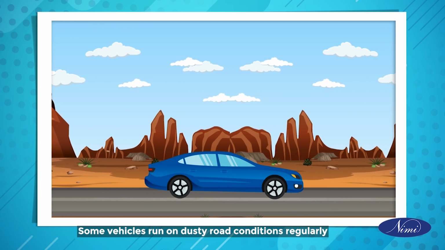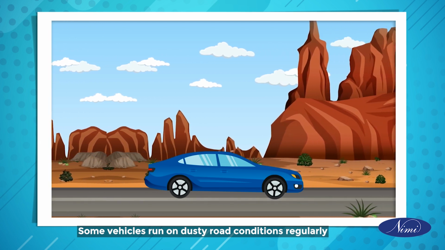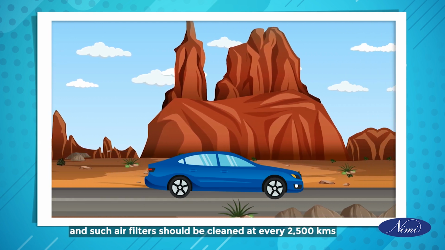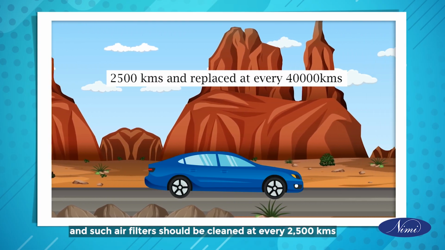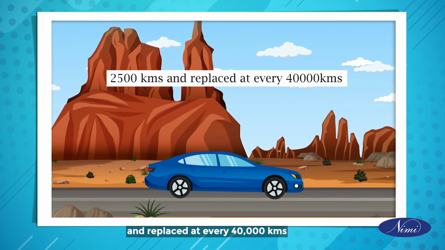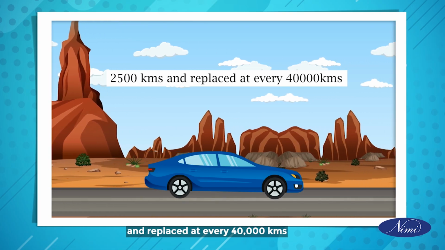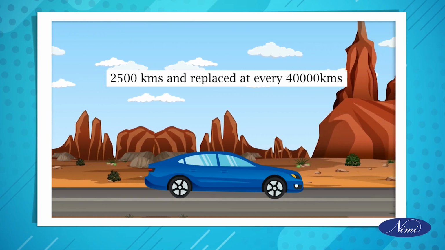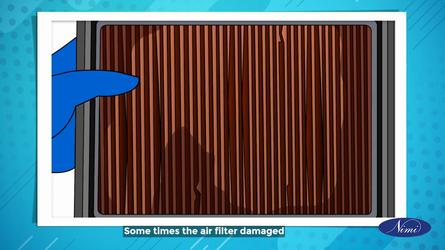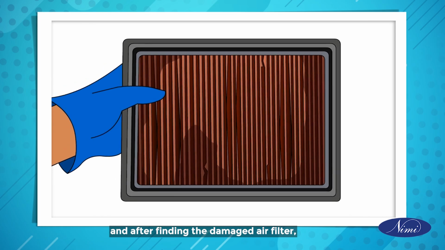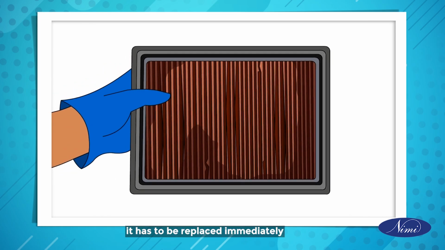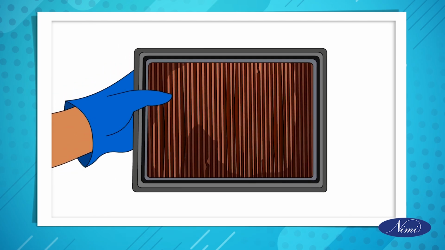Some vehicles run on dusty road conditions regularly, and such air filters should be cleaned every 2,500 kilometers and replaced every 40,000 kilometers. Sometimes the air filter is damaged even before the replacement time, and after finding a damaged air filter, it has to be replaced immediately.